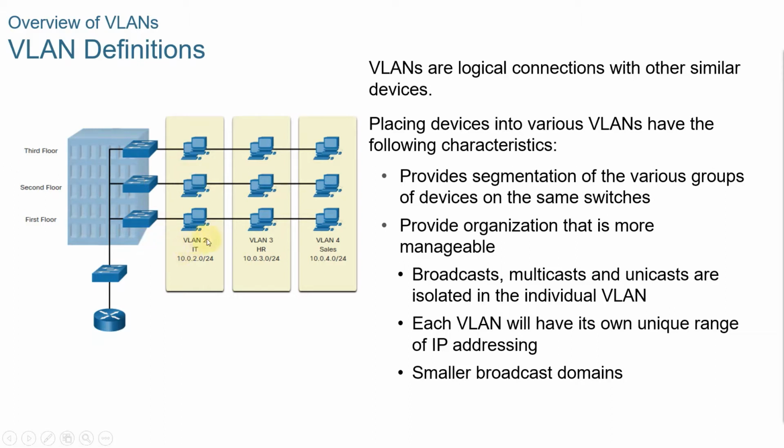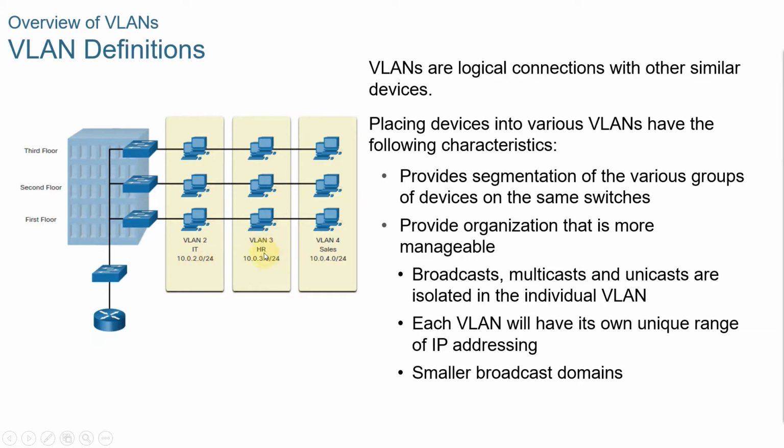As shown here in the figure, VLANs are created, something like VLAN 2, VLAN 3, and VLAN 4 respectively. VLAN 2 is named IT and was assigned an IP address of 10.0.20.0/24.